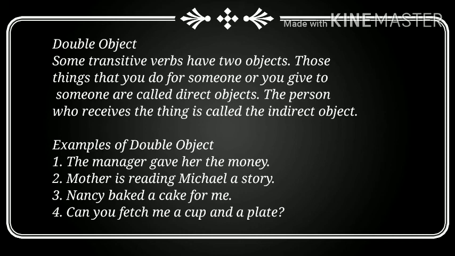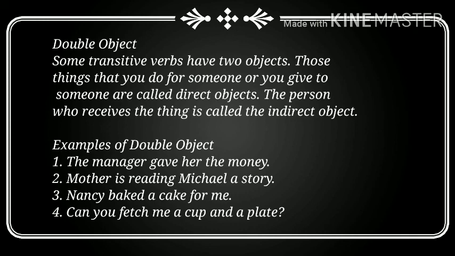Can you fetch me a cup and a plate? Now here also you will see two kinds of object. One is cup and another is plate. So one is direct object and another is indirect object.